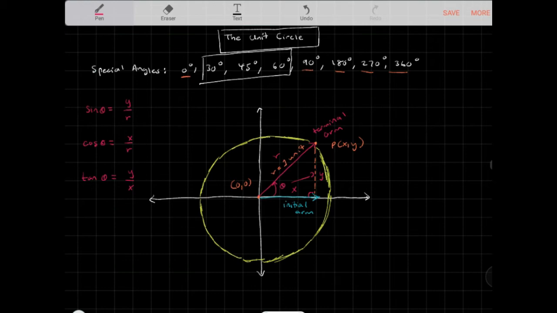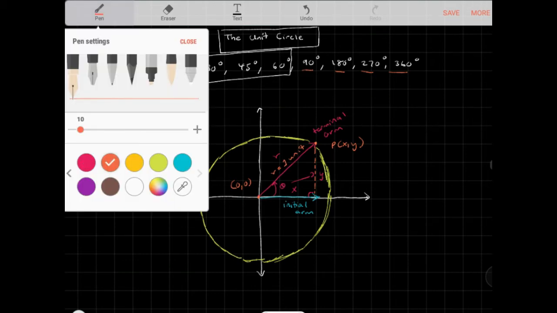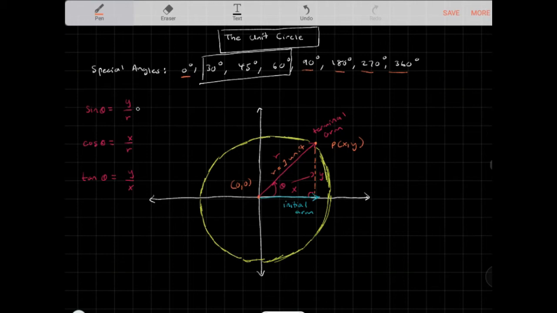Now there's a few things you want to note here. We said that this unit circle has a radius of 1 unit, so r here is 1. So because r is 1, sine theta is equal to y, and because r is 1, cos theta is equal to x. And just from this, you can note that tan theta is y over x. Because sine theta is y and cos theta is x, we get tan theta is equal to sine theta over cosine theta.